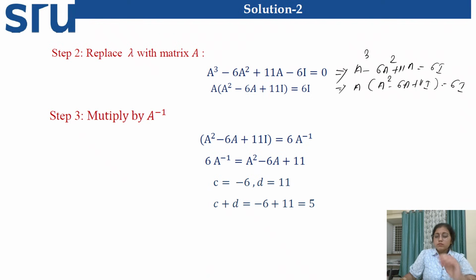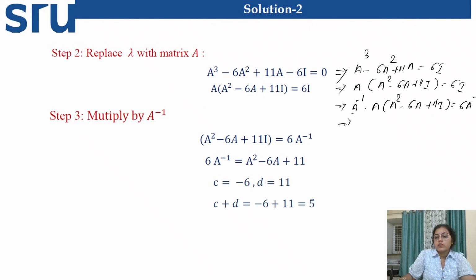Now you have to multiply by A inverse on both sides. Then you get A inverse into A into A square minus 6A plus 11I equal to 6I into A inverse.